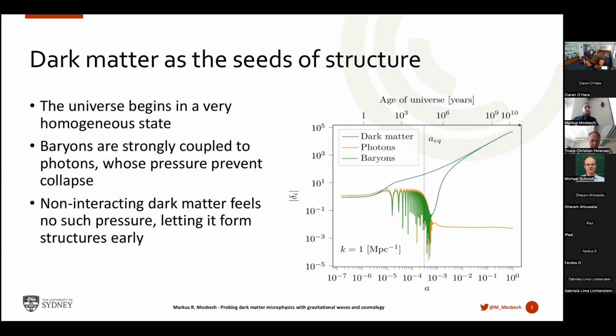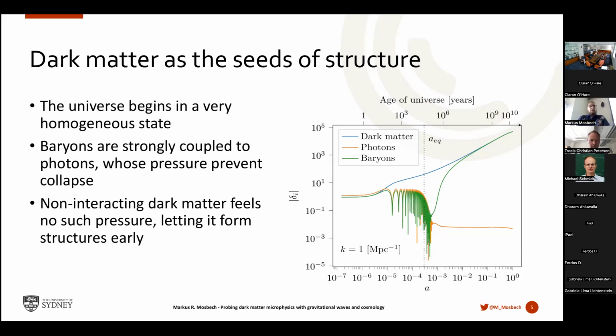So in the early universe, everything was very homogeneous. We had these tiny little perturbations, but they were small. And baryons, that's normal matter, were strongly coupled to the photons, and the photon pressure prevented these baryons from collapsing to form structure, but instead you would essentially have pressure waves outgoing from where the overdensities were.